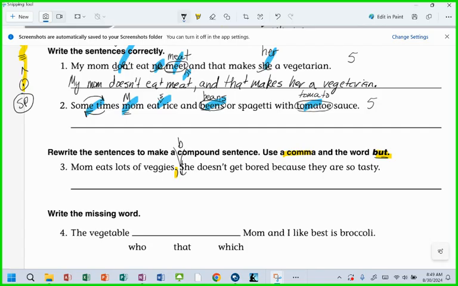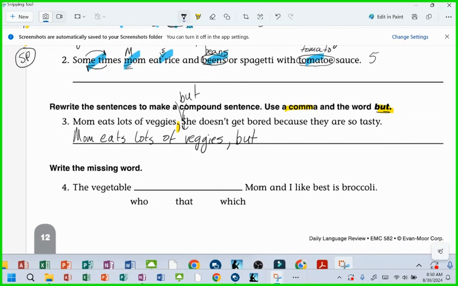Now let's read it. Mom eats lots of veggies, comma, but she doesn't get bored because they are so tasty. Does that sound good? Yeah. All right, and then did you write it out? Mom eats lots of veggies, comma, but, see how that works? The comma always goes before the conjunction. She doesn't get bored because they're so tasty.